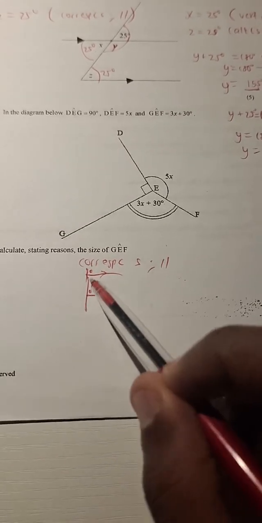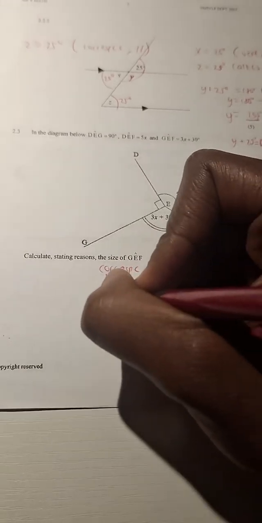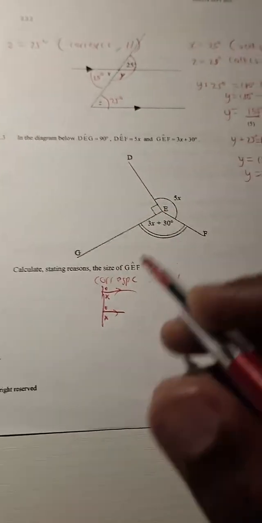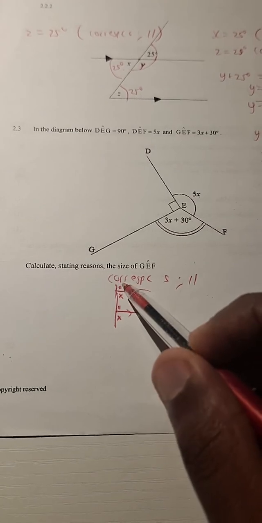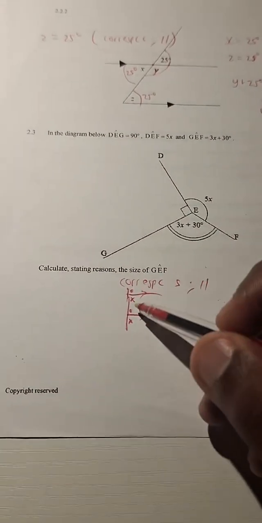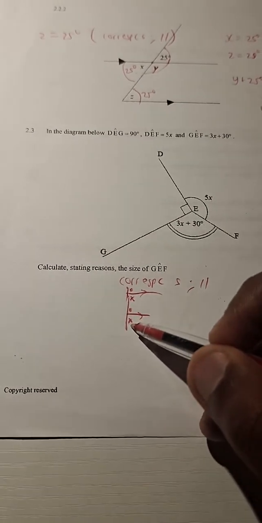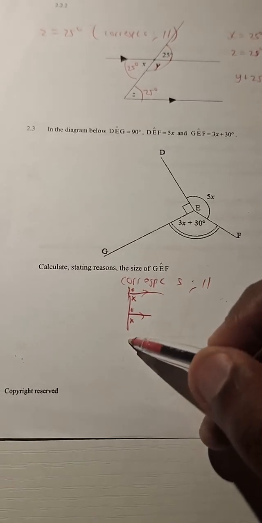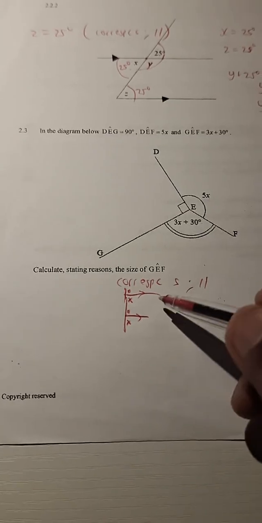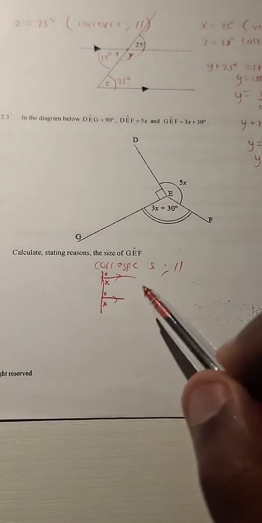Top angles are equal, bottom angles are equal, but it must be on the same side. Make sure this line is straight and those two lines are also straight. That's corresponding angles. The angles are equal.